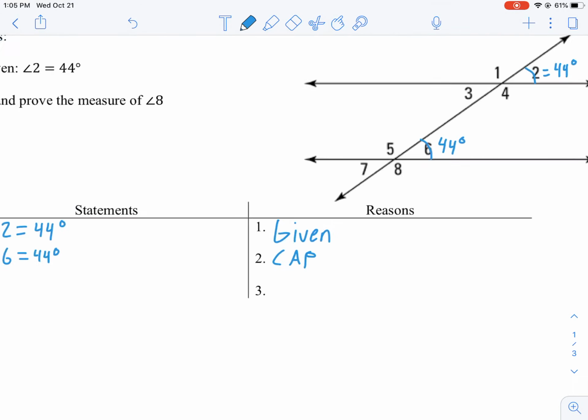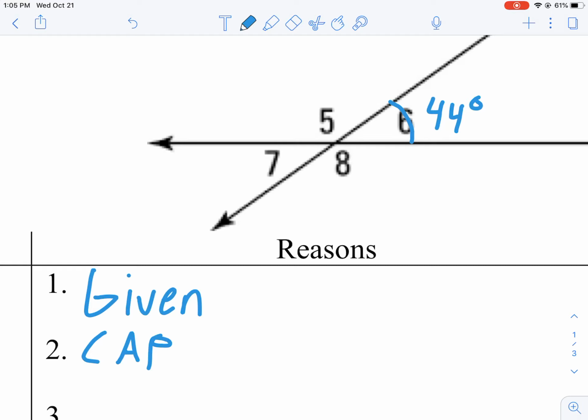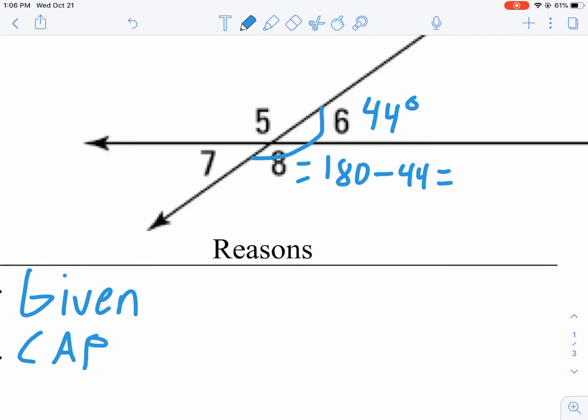Now that we know angle 6 is 44, can we get 8? Yes. These two angles are forming a straight line, which means they add up to 180. So angle 8 has got to be equal to 180 minus 44, which is 136 degrees.